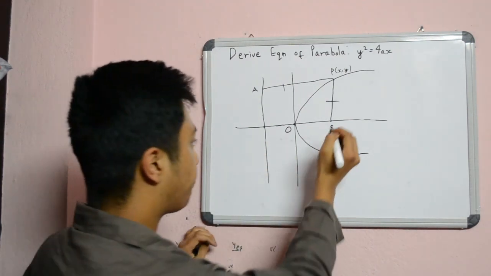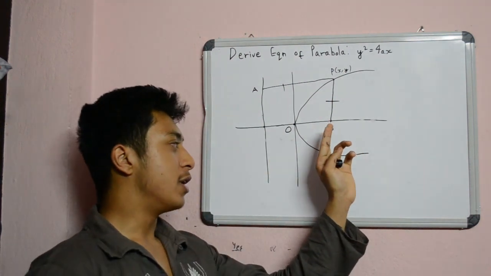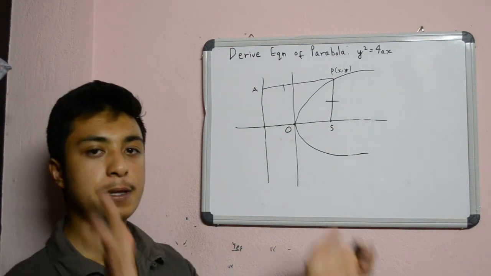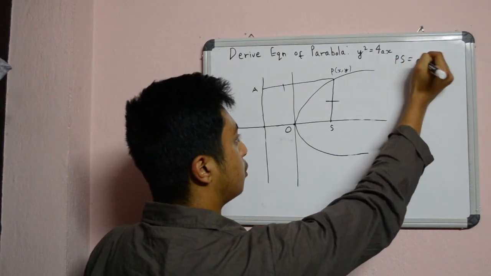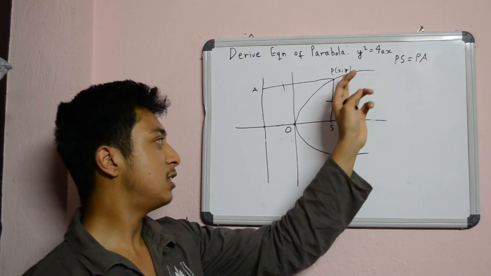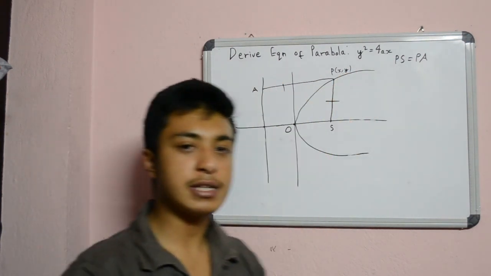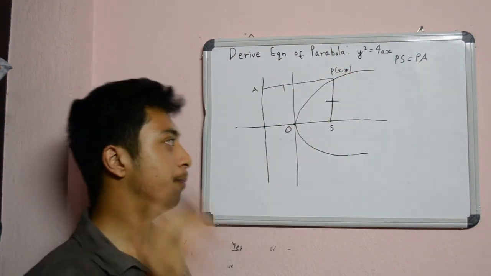And here, we want to find the point. So we know PS is equal to PA. That means if we know the distance from here to here and from here to here, we can just equate them and find the equation. And that's exactly what we're going to do.